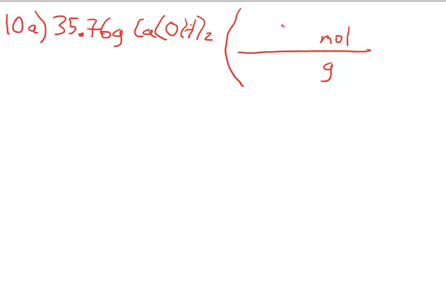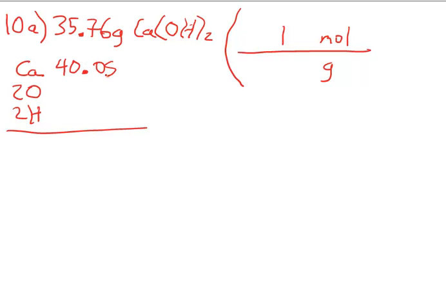So the first thing I want to do is convert grams to moles. 1 mole, I need to find the molar mass of this, so I have calcium, 2 oxygens, 2 hydrogens. Calcium is 40.08 grams. Oxygen is 16.00 times 2, so a total of 32.